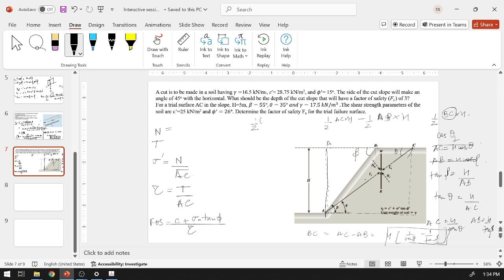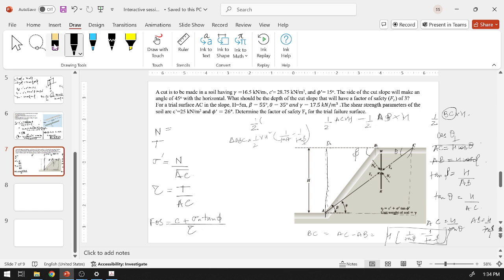So the area of this triangle ABC, after multiplying with gamma, the weight will be half of gamma h square times 1 by tan theta minus 1 by tan beta.